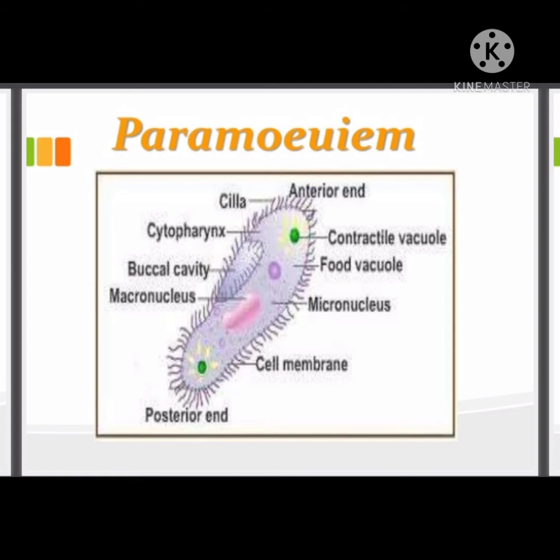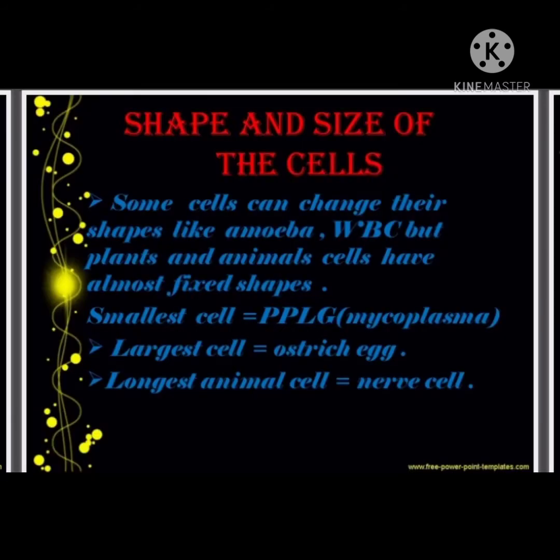The next is the shape, size and number of cells that we already discussed. Shape. Cells differ in shape. The shape of the cells is related to the specific function that they perform. We know that all the cells are not doing the same function. The cells in our hands and legs are mainly for movement.